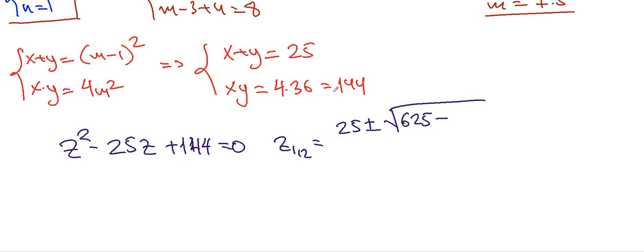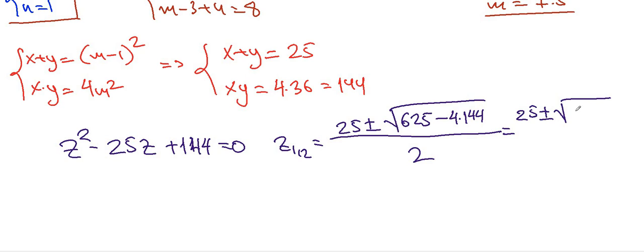25 ± the square root of 625 − 4 times 144, divided by 2. And 4 times 144 gives us simply 576, so we get 25 ± the square root of 49, divided by 2, and from 49 we get 7.